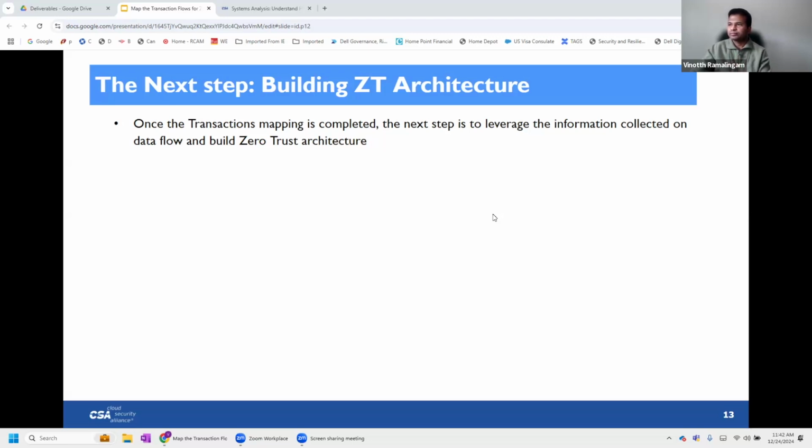Right. Absolutely. In fact, it's pretty magical. The first time that I did it, I went, whoa, I need a control there, and I need to do this kind of thing here. It was for a PCI thing. So in order to meet 6.6, here's where I need to put my web application firewall, right? Here's where I need to put a traditional firewall. Here's where I need to put some endpoint controls.